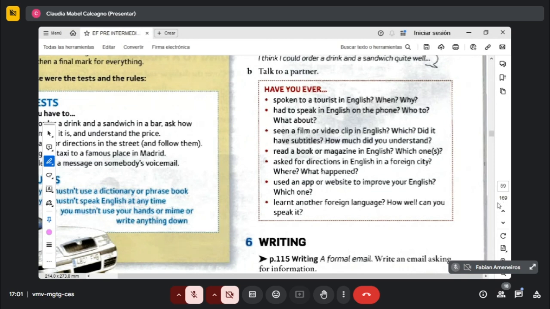Okay. Guillermo? Yes. In the last year, one tourist came to my store. She wanted to buy a can of corn, but she tried to say can of corn in Spanish, and she couldn't.